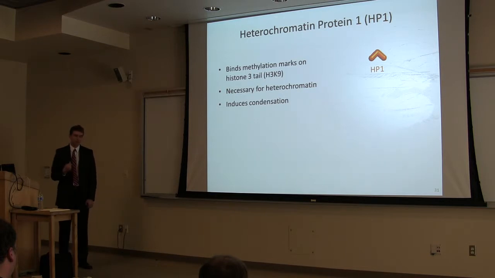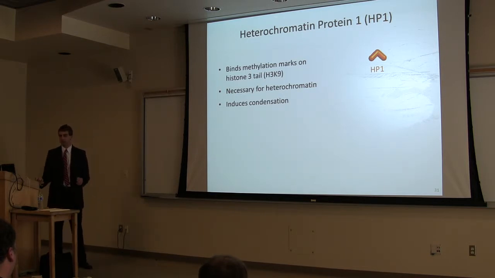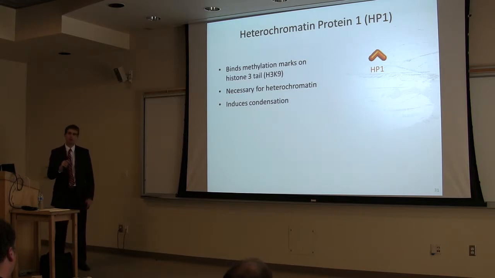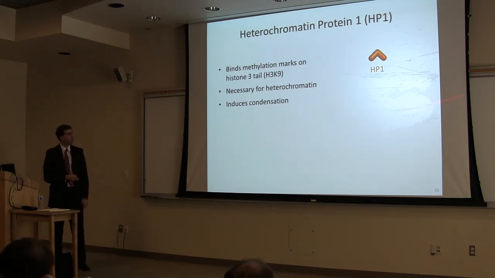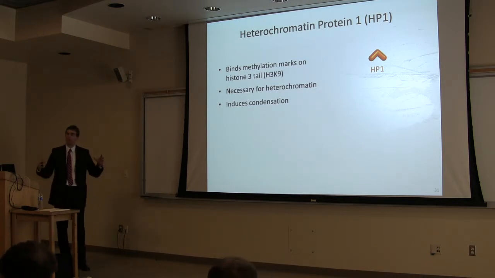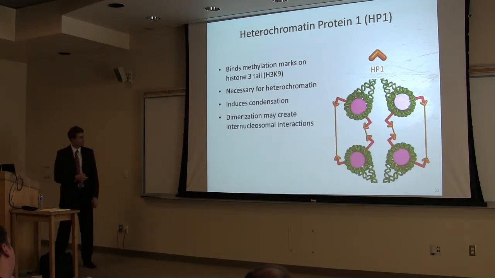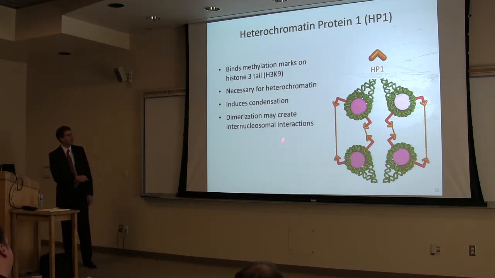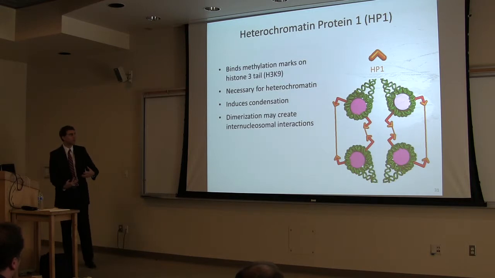Disruption to this protein is found to disrupt the formation of heterochromatin, and targeting this protein can actually induce open regions to then condense. So it's thought that HP1 might be playing a role of helping hold these regions together. It's been suggested in the literature that because HP1 can interact with itself, it might create bridges that help hold different chromatin regions together.